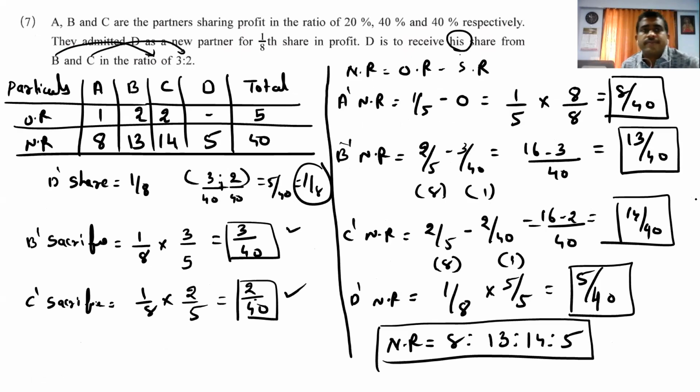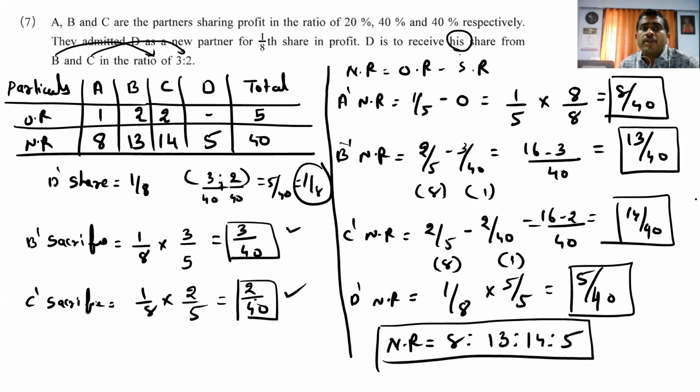Seventh question. A, B, C are the partners sharing profit in the ratio of 20%, 40% and 40% respectively. They admitted D as a new partner for 1/8 share in the profit. D is to receive his share from B and C in the ratio of 3:2.